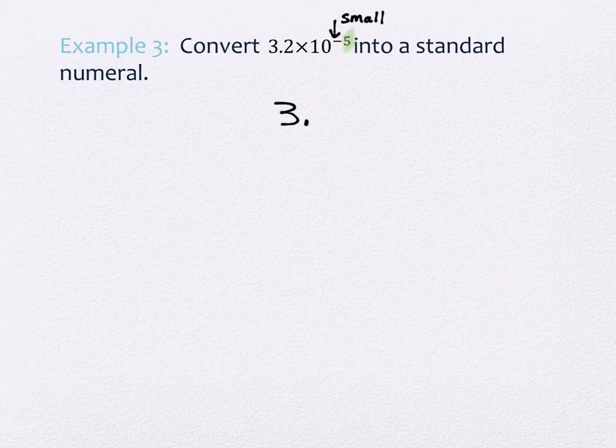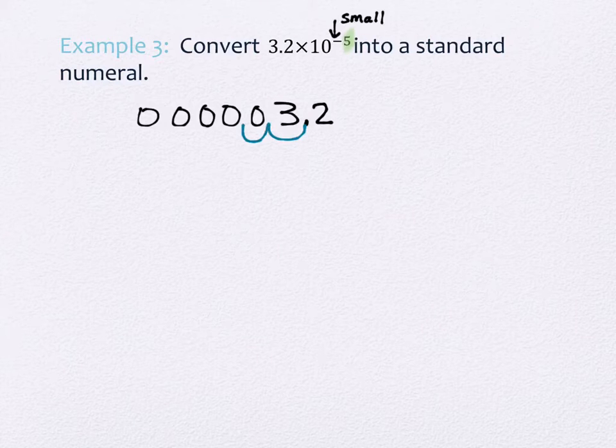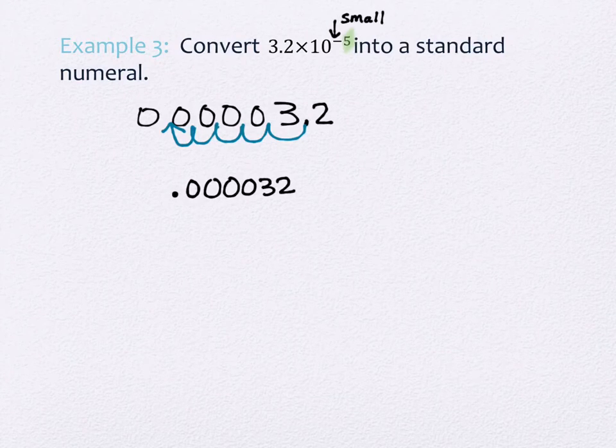So it starts out with 3.2, and I need some 0 placeholders over here. Just put several in. And you count 1, 2, 3, 4, 5. Oh, I put in just enough. So my answer is a point, and you can put a 0 in front if you wish. I have 4 zeros, and then 3, 2.